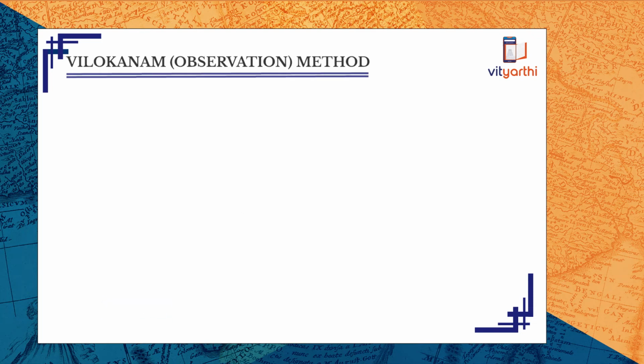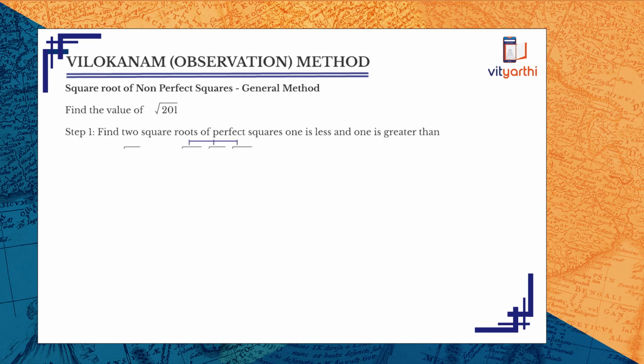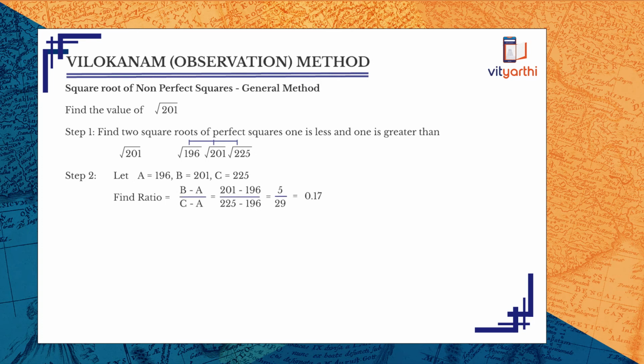Root 201: again we find the two nearest perfect squares, that is root 196 and root 225. Let a equal 196, b equal 201, c equal 225. In step 2, we find the ratio (b minus a) upon (c minus a), and the value of the ratio is 0.166.